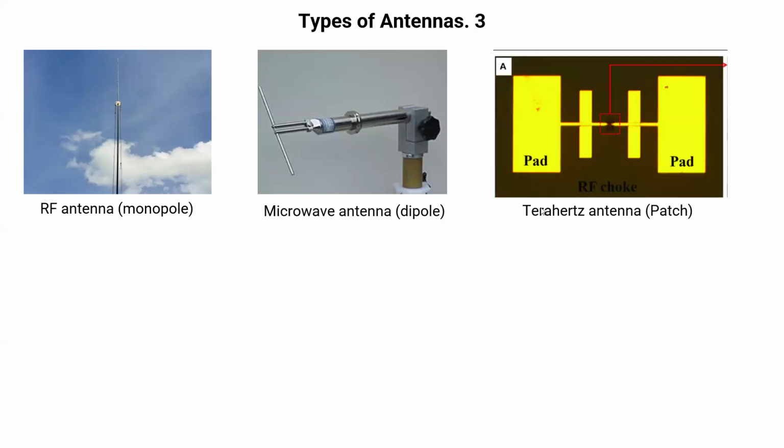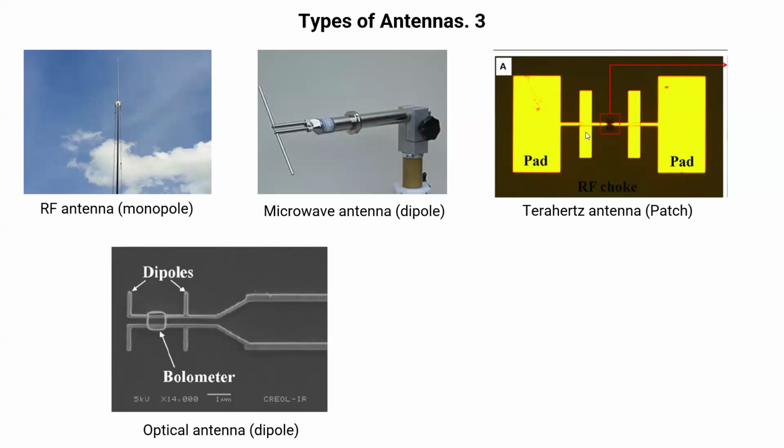If we reduce the wavelengths even more, we enter the millimeter or terahertz frequency range, and in this range we also have antennas. They have a different geometry, different design. Here I'm showing a patch terahertz antenna, and the characteristic size here is several hundreds of micrometers.